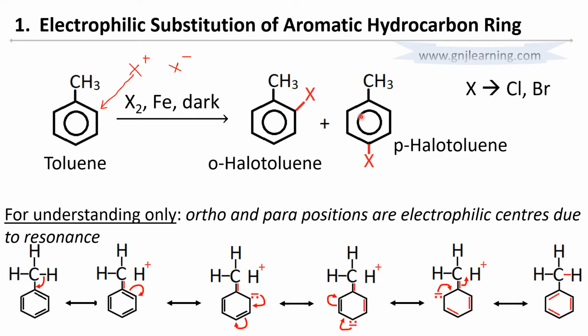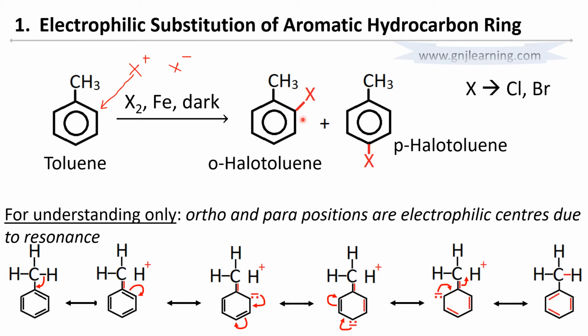Now in the product you will see a mixture of ortho and para chloro, one of which will be in excess, the major product. This is what we are going to see in the coming slide. So I guess it is clear why it is ortho and para, because you have two electrophilic centers.